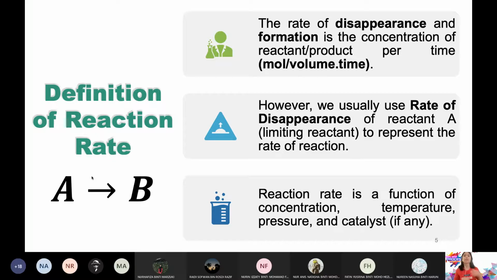Let's say example of unit, mole per dm cube hour, for example, or American engineering unit, pound mole per feet cube second. Okay, so that's American engineering unit. Kalau SI, unit SI will be mole per liter second.